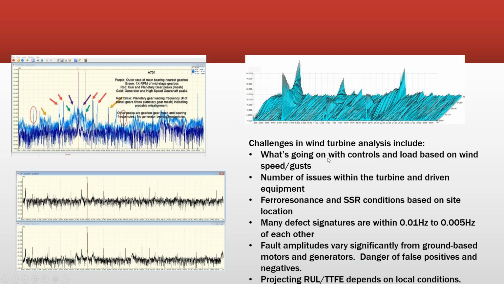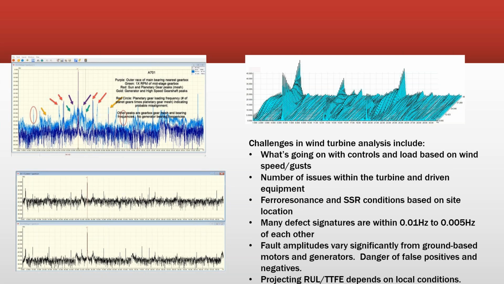Challenges we run into. Well, there's a lot of variability in wind, so we have to account for that. There's a number of issues within the turbine and driven equipment. We recognized many years ago that there was some subsynchronous resonance going on.